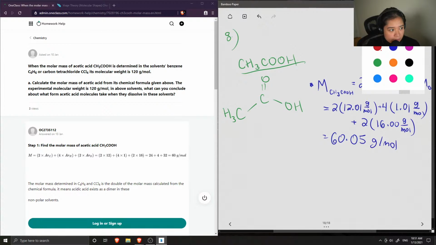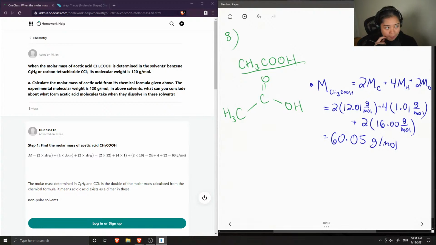So the second part of the question, what can you conclude about what form acetic acid molecules take when they dissolve in these solvents?